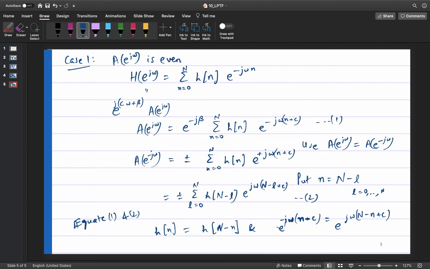So what do we get here? We have to simplify the e to the power terms. So this is j omega n and n, they get cancelled out anyways. And what I get is j omega minus c is equal to N plus c. So this gives me c is equal to minus N by 2.